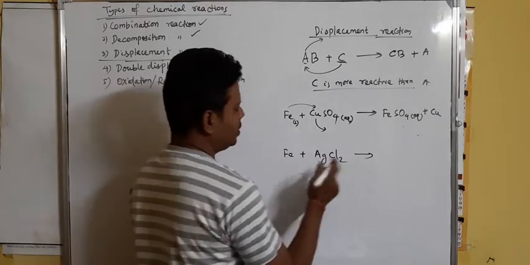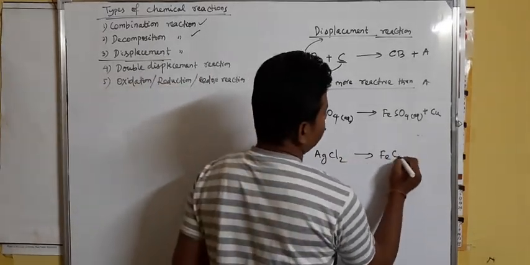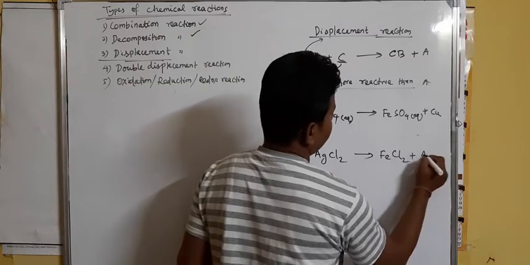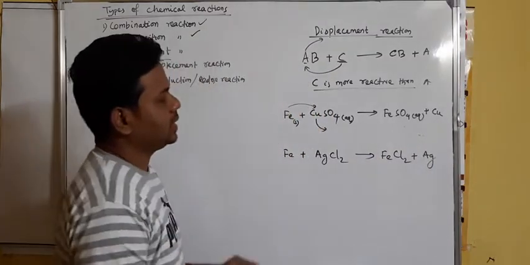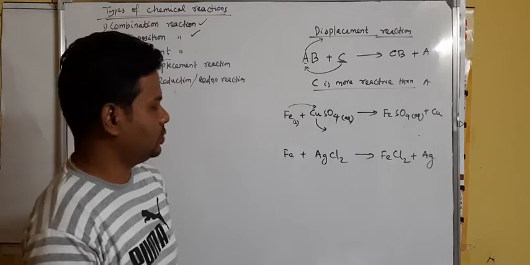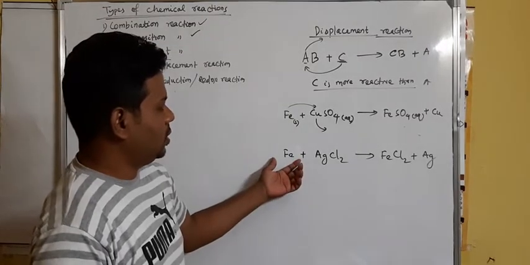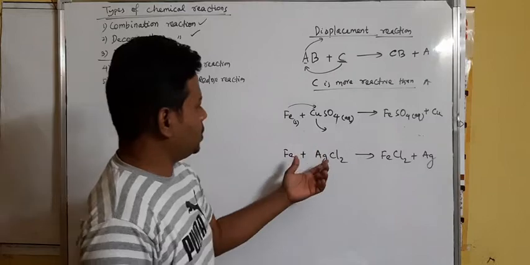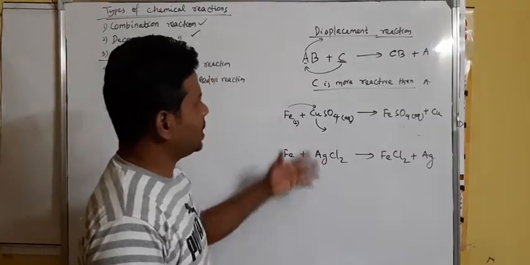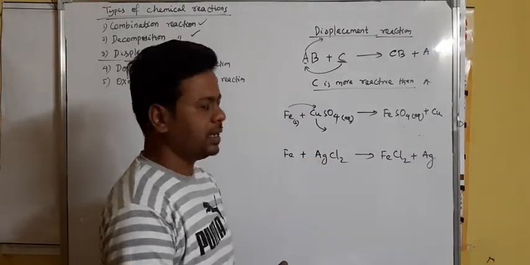Ag means silver, so it forms FeCl2 and Ag is given out. This type of reaction is called a displacement reaction.